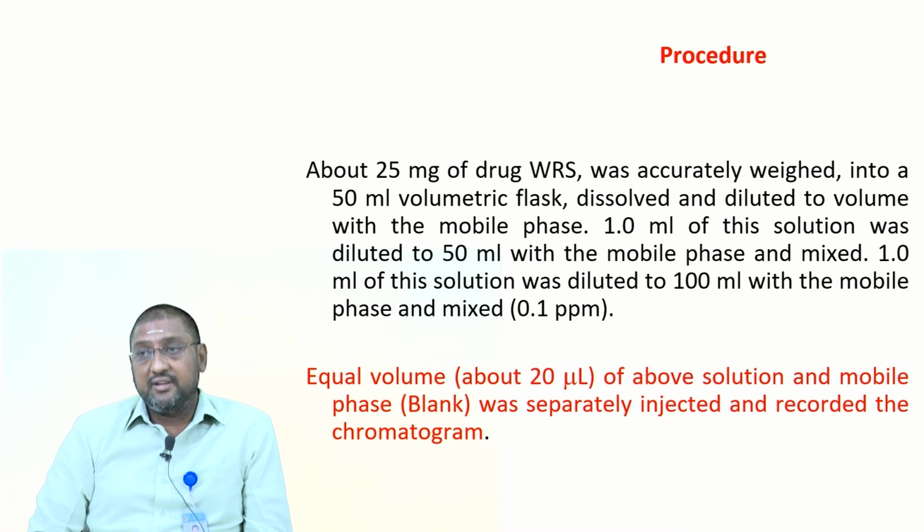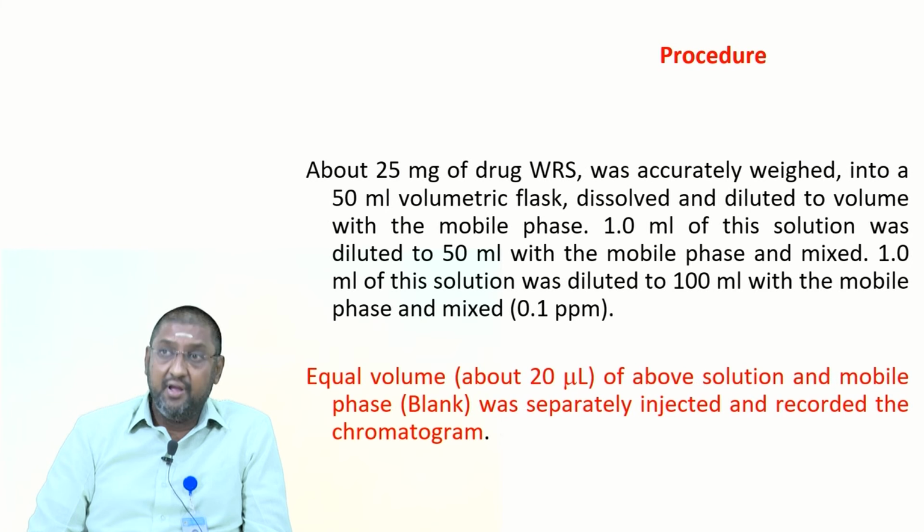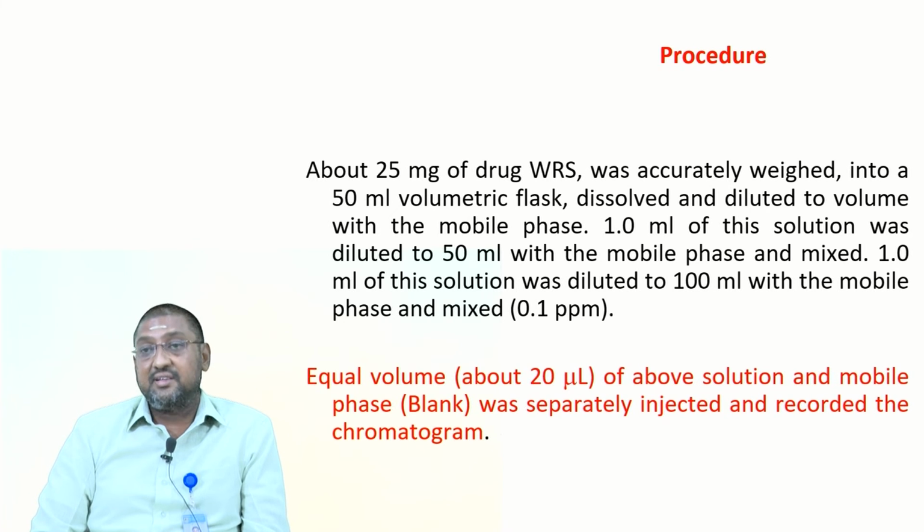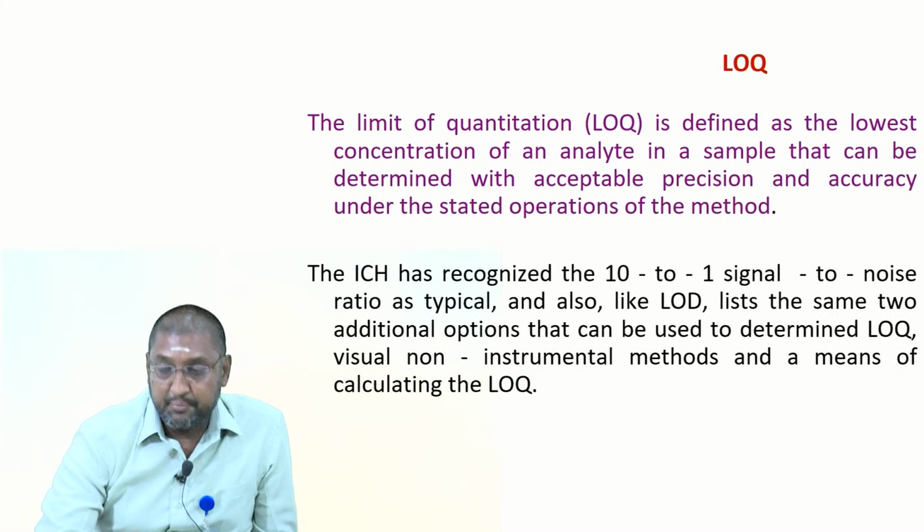From that you take 1 ml and make up to 50 ml. The concentration is 0.1 ppm. From 0.1 ppm I inject 6 times and find that I am getting only the peak, but I am not able to calculate the area. It means that is the LOD of the sample.